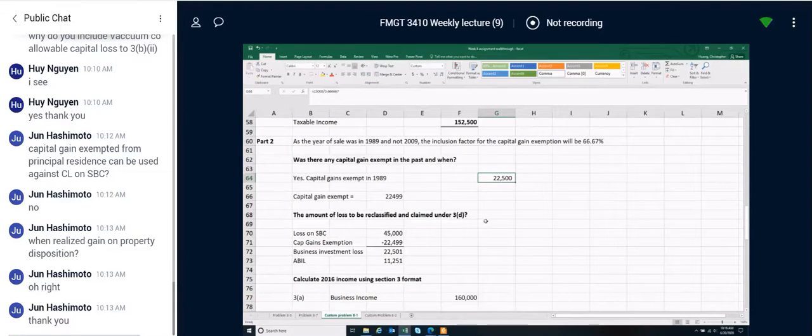Okay. So because I had a historical capital gain of 22.5, now when I go and do the calculation, I'm a net loser by 22.5, and half of that is 11,250, right?